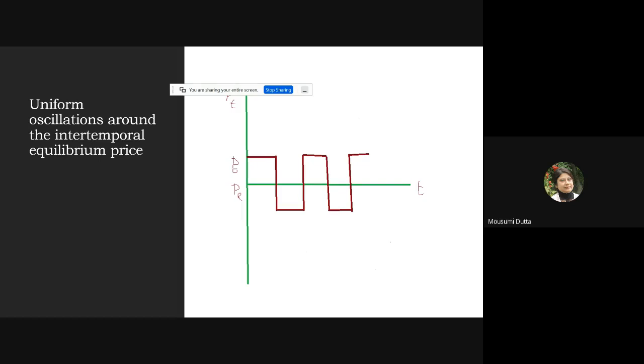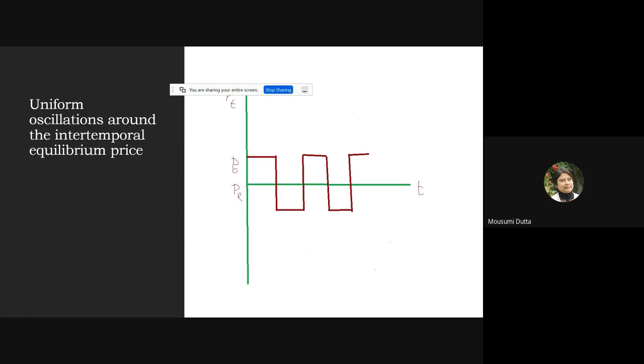I'll stop here. Next day, I'll discuss several monotonic time paths, and then I'll shift to the next application. Today, we practiced the oscillatory time paths. From Chiang, now start solving the equations from the cobweb model section.